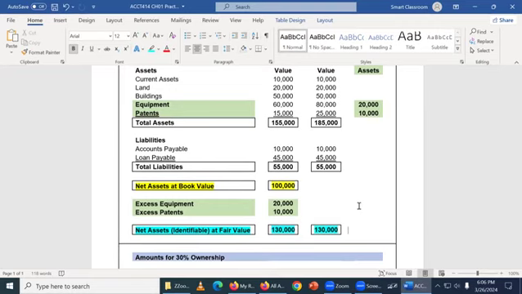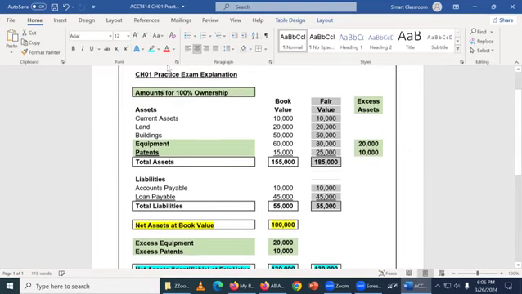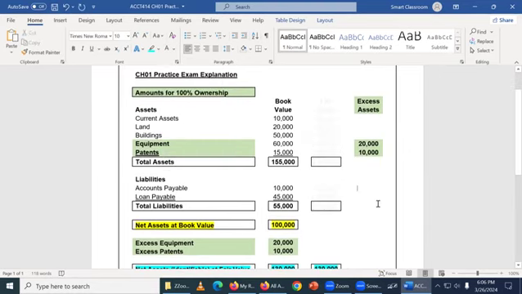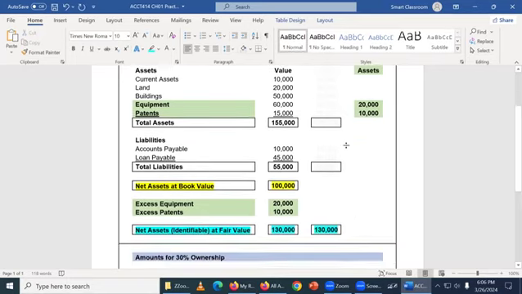it really depends on what information they give you. They might give you the book value, and they might give you something that looks like this. They don't give you the fair values, but they'll tell you what the excess assets are. And so you can get to that number, you have it.